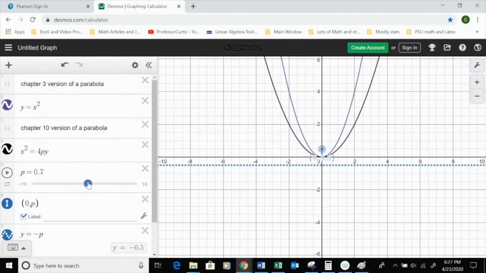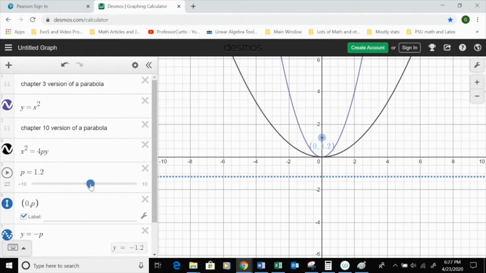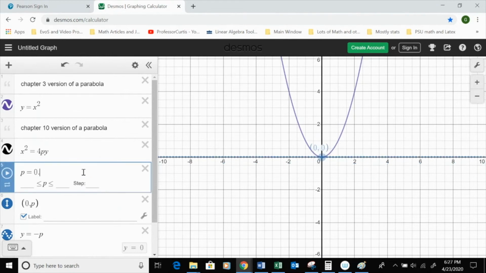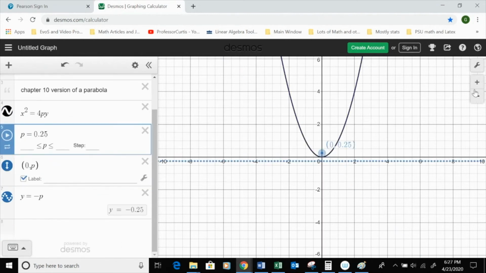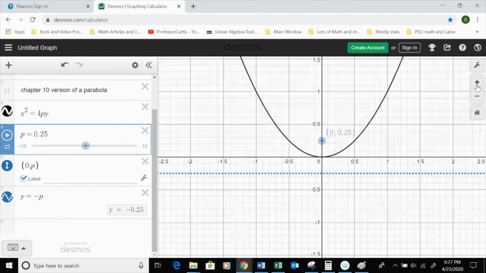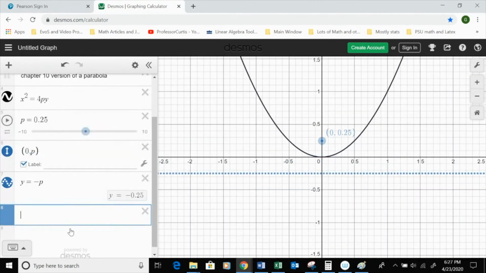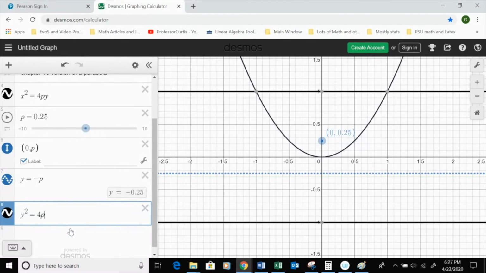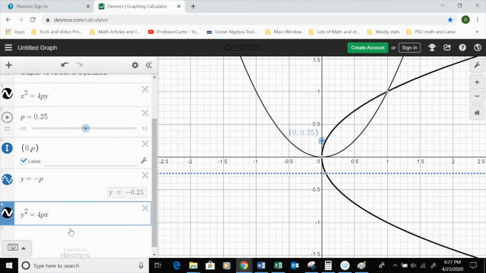I'm going to go back and put it to 1, 4, because I liked 1. I've got to key it in, don't I? Why? Because I want a really generic parabola. And I'm going to zoom in just a hair. Good enough for me. And then I'm going to put this guy, y squared equals 4px.